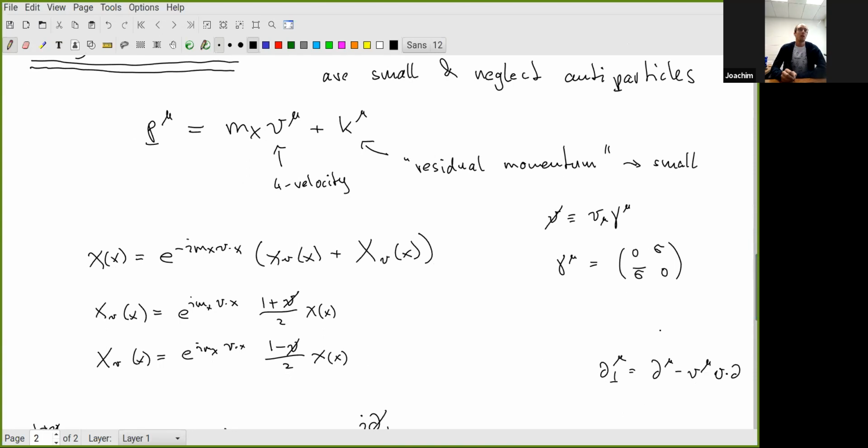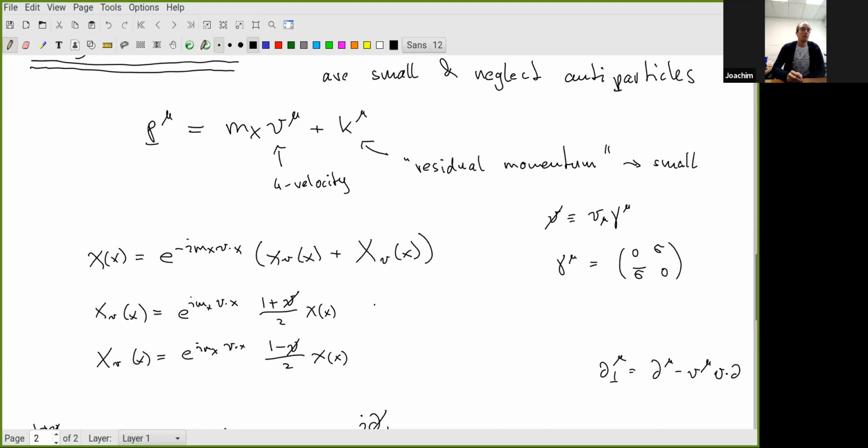And then we rescaled the field by this exponential factor that, as we will see, gets rid of this large mass piece. And then we split the field also into components that are called small chi and capital chi. The small chi will contain the particle components, and the capital chi will contain the antiparticle components.